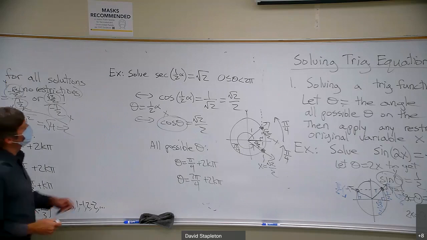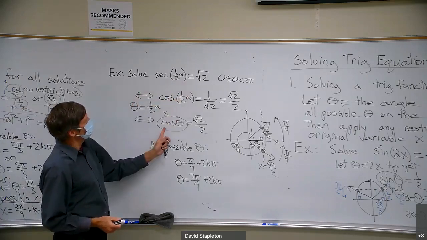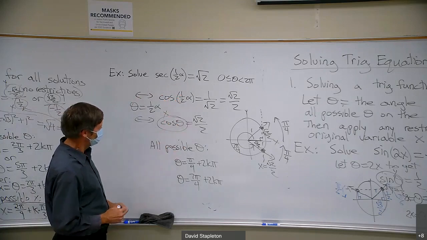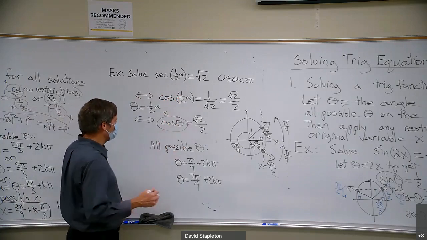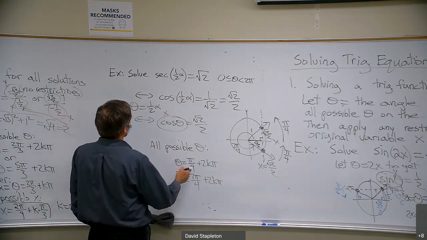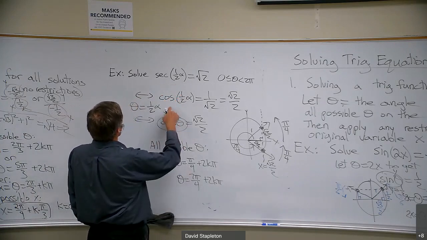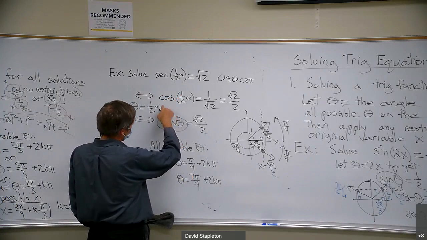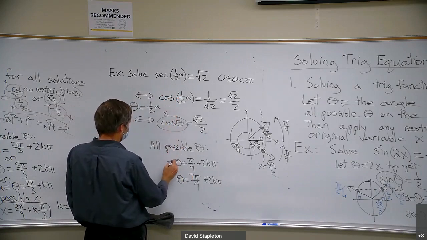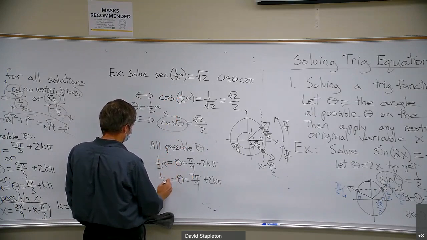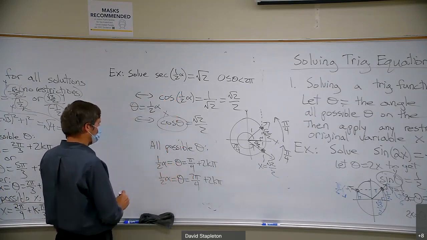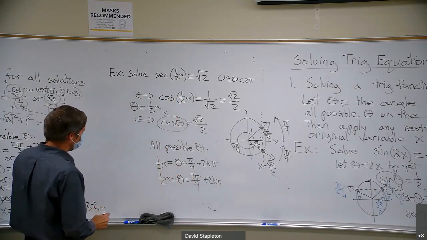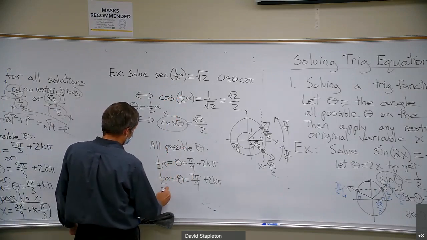Or we converted our secant equals square root 2 to cosine equals 1 over square root 2 to make it easier for ourselves. Now, as before, now you have to convert to x. So if alpha in this case, so theta is 1/2 alpha. And now this time to get all possible alpha, we have to multiply by 2.